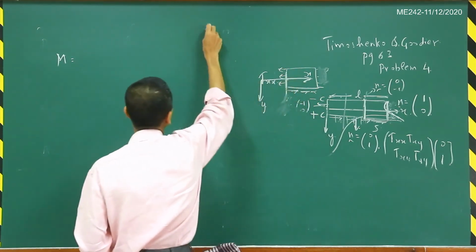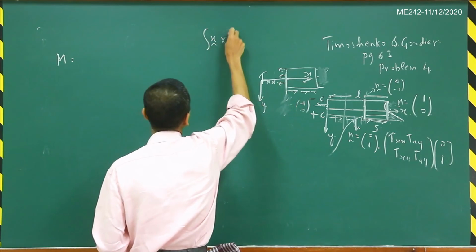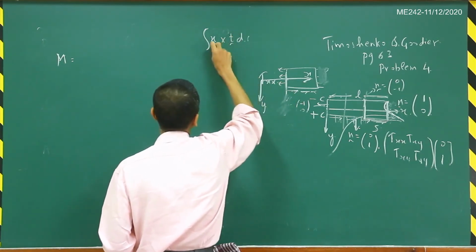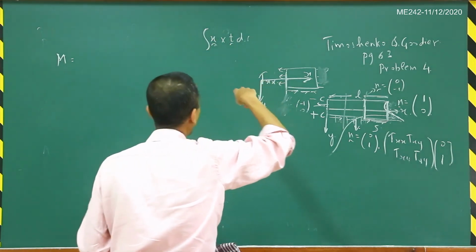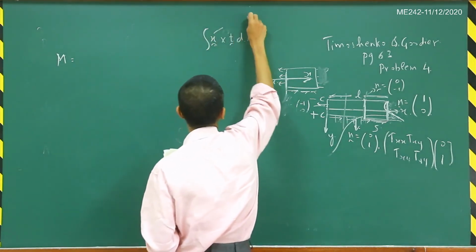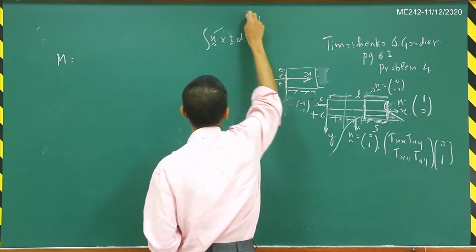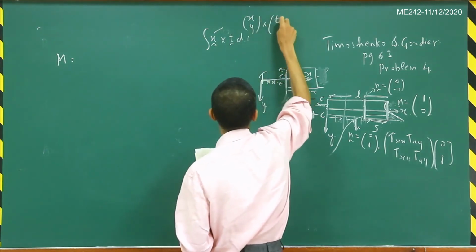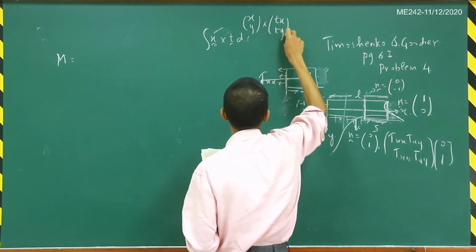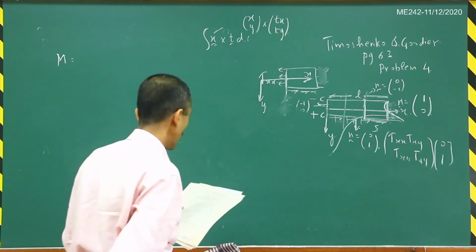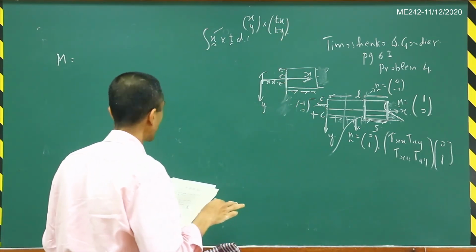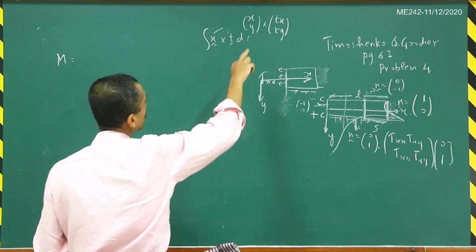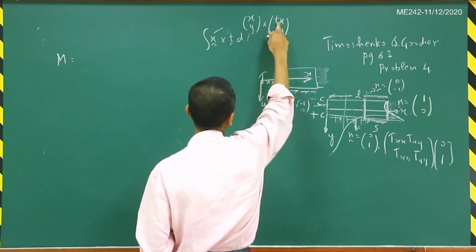So as I said, that is the integral of x cross t times dx. Correct. So if you write x as (x, y), correct? You write this as (x, y), and then that cross (tx, ty), correct? And then now you compute the resultant moment. So right now I am computing the resultant moment only due to this particular component, y times this tx.